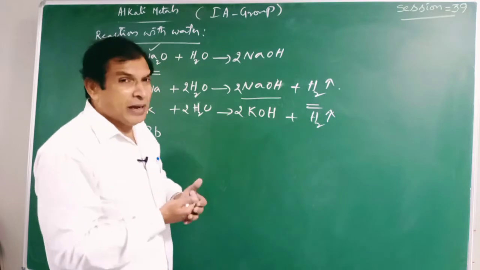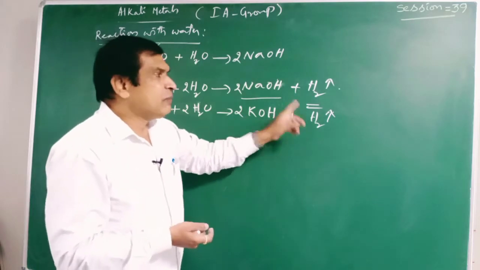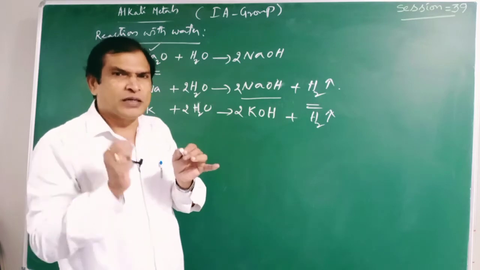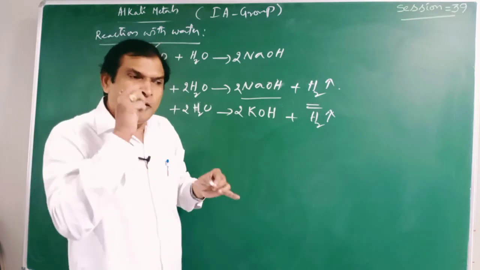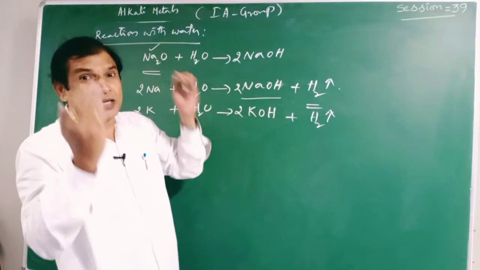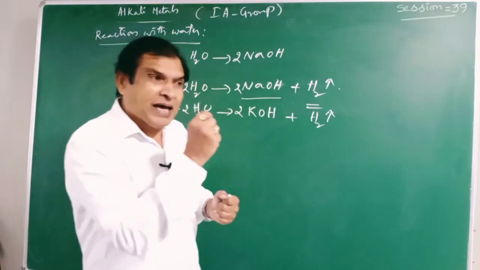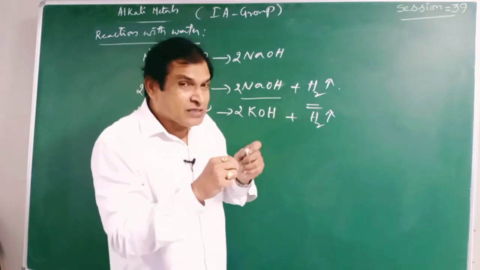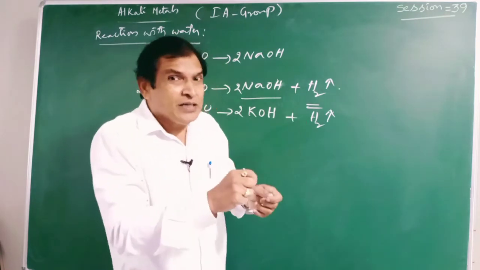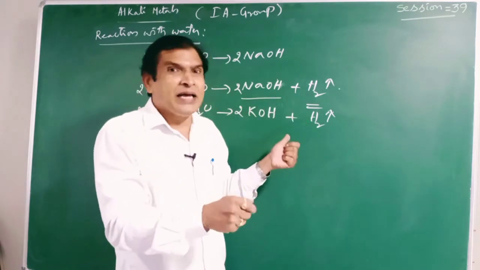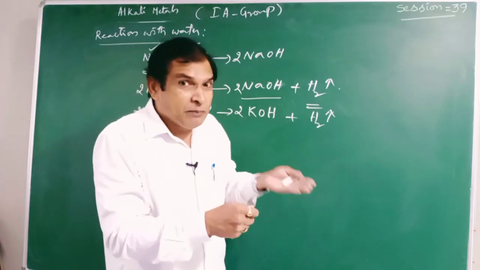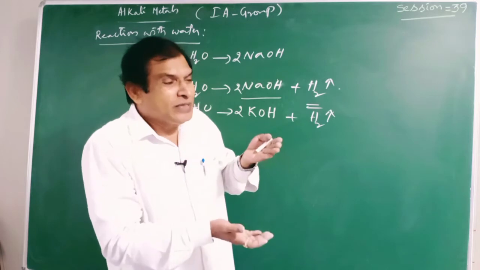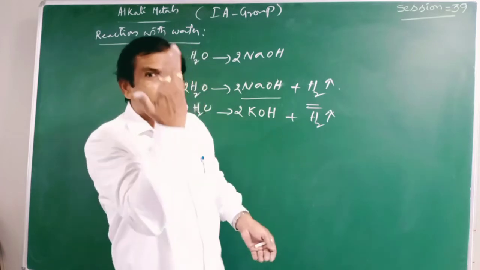They form sodium hydroxide, and due to the liberation of hydrogen gas, when a small piece of sodium is dropped in water, it catches fire and burns. Why does it catch fire? Hydrogen is a flammable gas. Since hydrogen gas is liberated and the reaction is highly exothermic, the hydrogen gas absorbs the heat and burns.